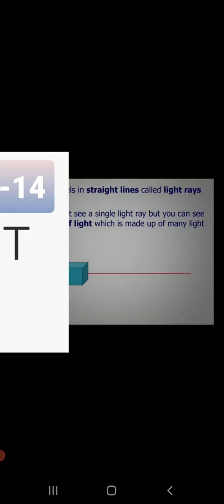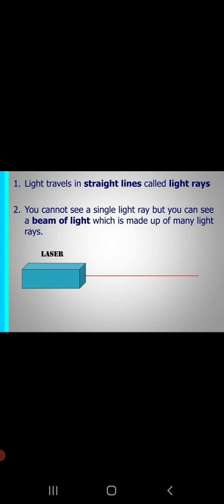A group of light rays coming from the same source in the same direction is called a beam of light. Now there are three types of beams of light: parallel beam, convergent beam and divergent beam of light.